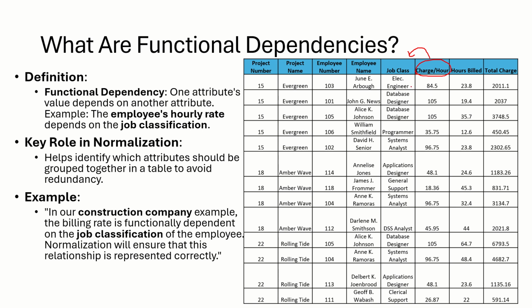That means if you know the job classification, you will know how much they charge hourly. This is what we call functional dependency. This dependency is very important in normalization, which can help you identify which attributes should be grouped together in another table.